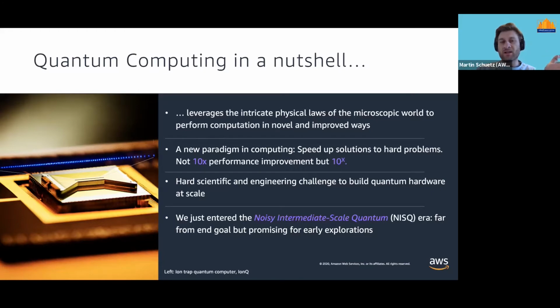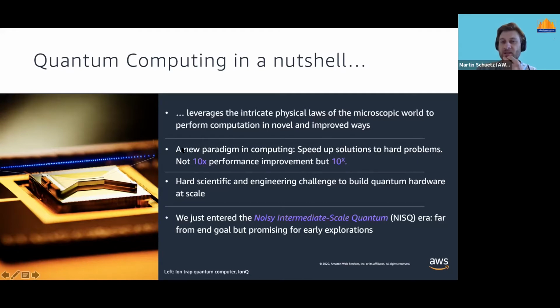Now we are switching to a new paradigm where we try to leverage these laws to build actual machines, and that opens up a new paradigm in computing that promises to speed up solutions to certain hard problems.